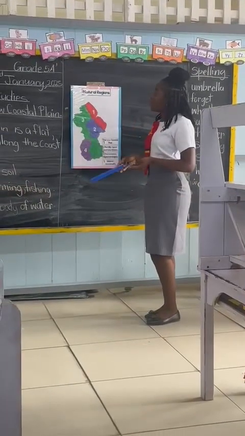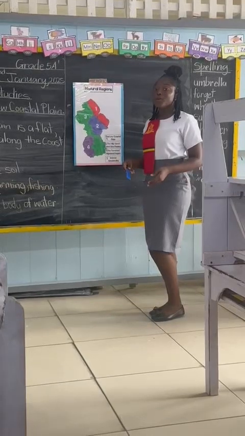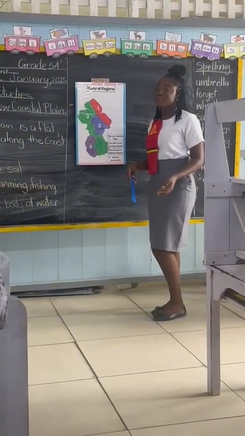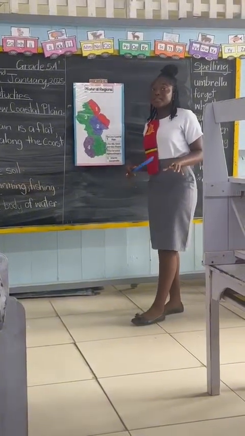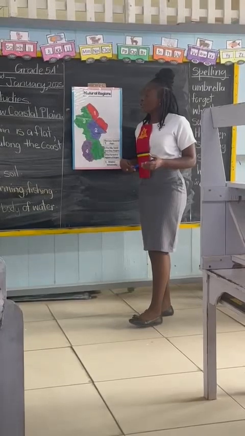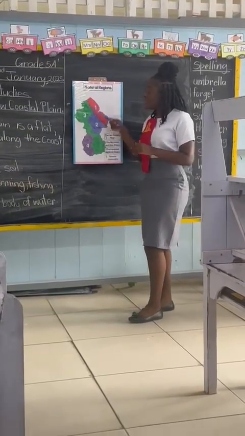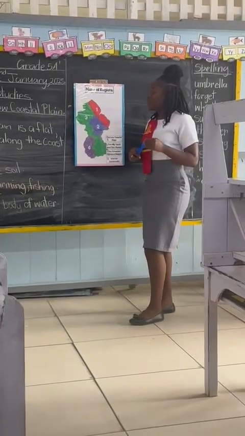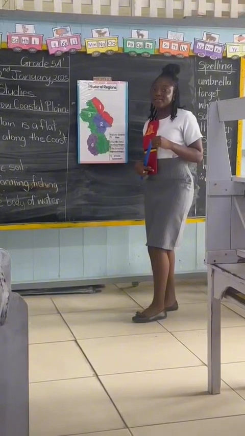So over here, we have the map of Guyana showing our 4 natural regions. As we listed, there are 4 types of natural region, right? Who could stand and tell me which one of these natural regions you think is the low coastal plain?